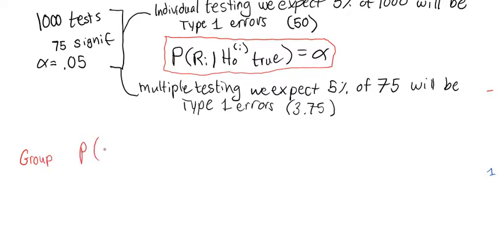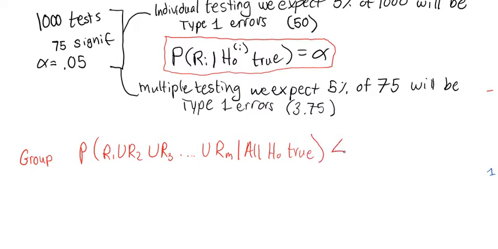the probability of R_1 or R_2 or R_3, dot dot dot, all the way to R_m, given all H0 are true, by the Bonferroni inequality, which is how I get this, is actually just the sum.